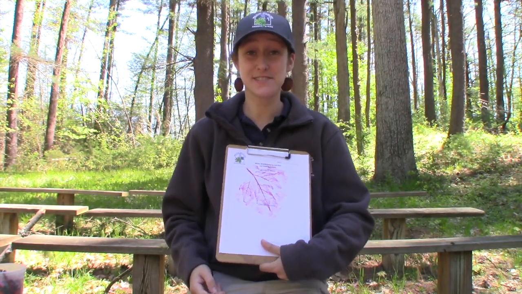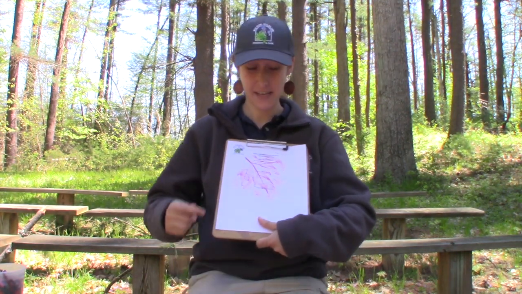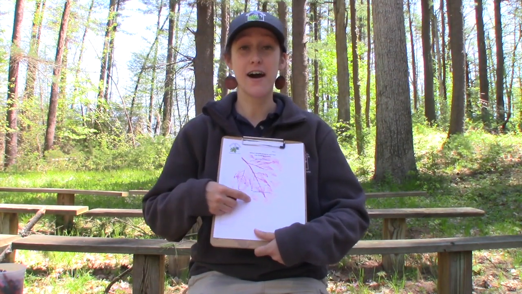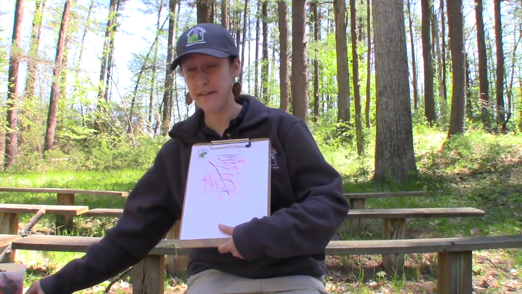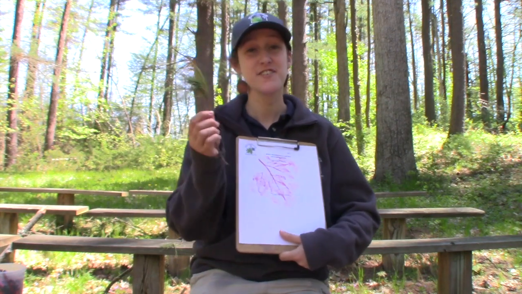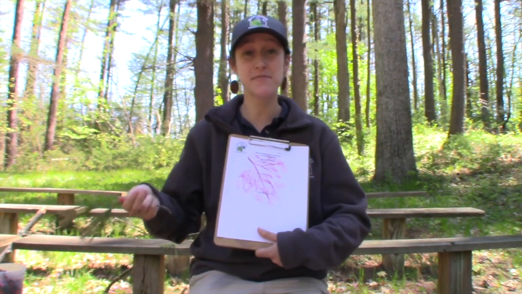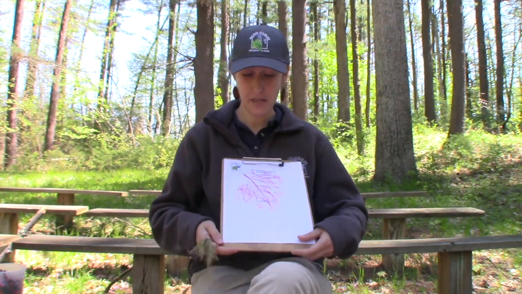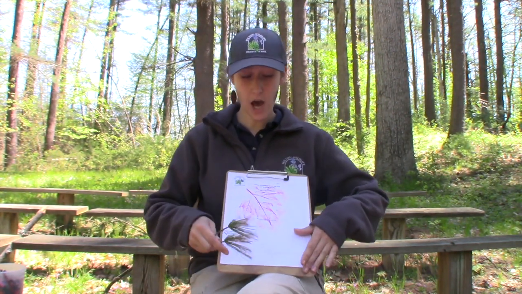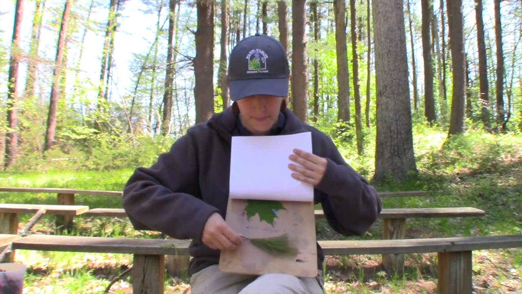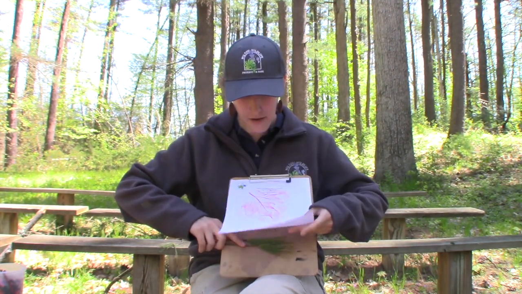Now that I've got my deciduous category done, you're gonna wanna find a conifer. Lucky for me, there were some white pines on the ground, so I picked those up. I'll do the same thing that I did for the top. I'm gonna put these underneath my paper, like so.